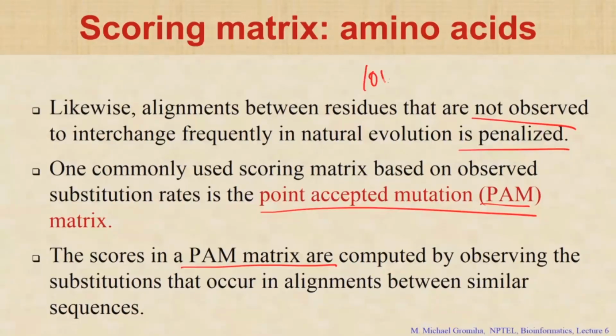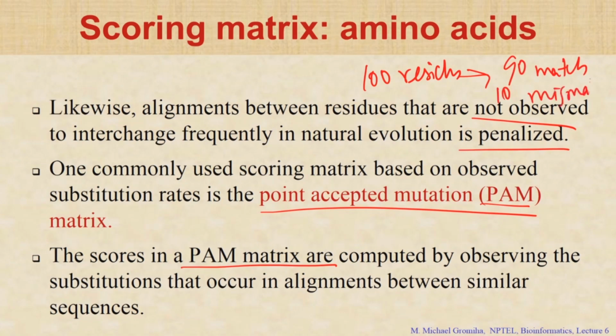So, we take all the sequences which have a similarity of more than 90%. If there are 10 residues, 9 will match, 1 is different. If there are 100 residues and it is 90% sequence identity, 90 will match and 10 will mismatch. We take these 10 and see the rate, which residue in sequence 1 is mutated to which residue in sequence 2.